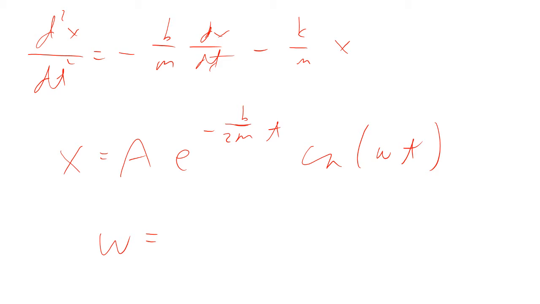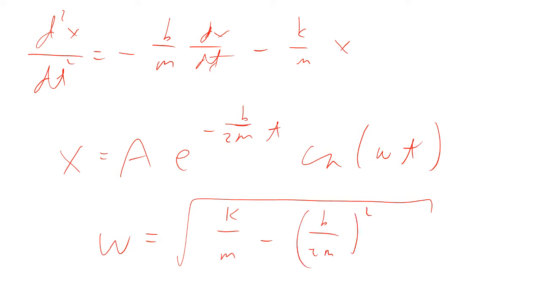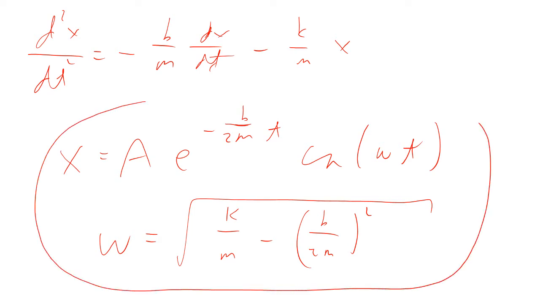It's not k over m. You work this out, and it turns out it's k over m minus b over 2m squared. That makes it work, and so that is the solution to this differential equation.